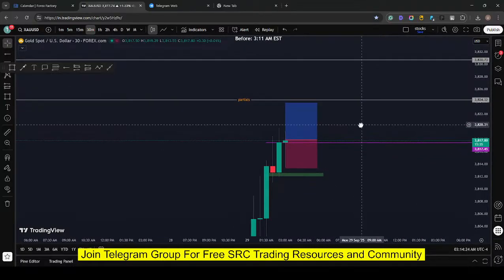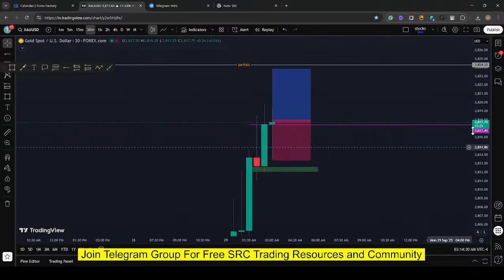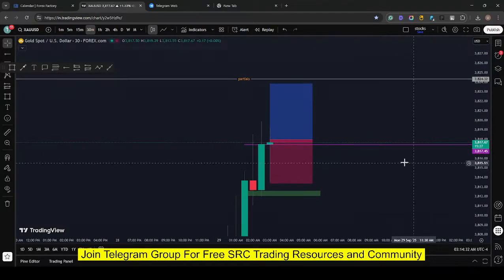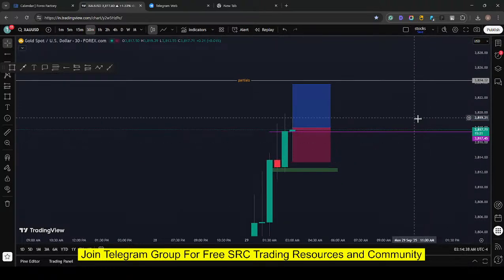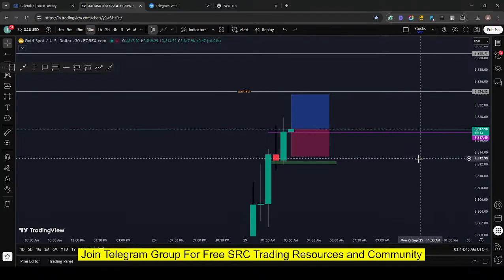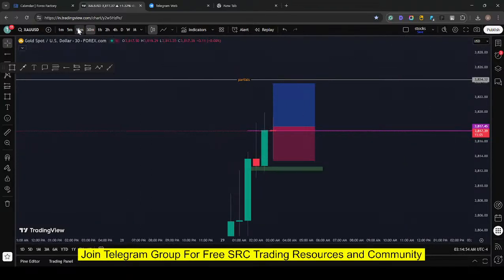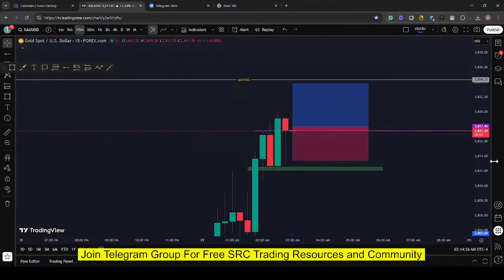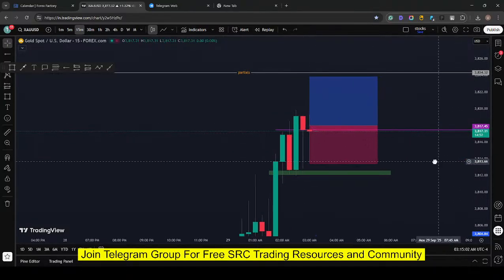It should continue. I can't do anything. I can only manage my risk, nothing else. It is risky though because it hasn't broken its highs right now, and a weak bearish candle.